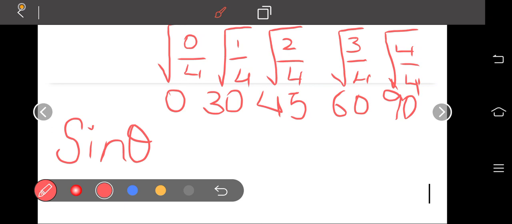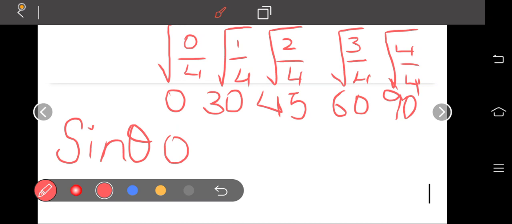For 0 degrees, for all the trigonometric ratios, don't think about the root, just think about the value. 0 upon anything is 0. So sine 0 degree value is 0.